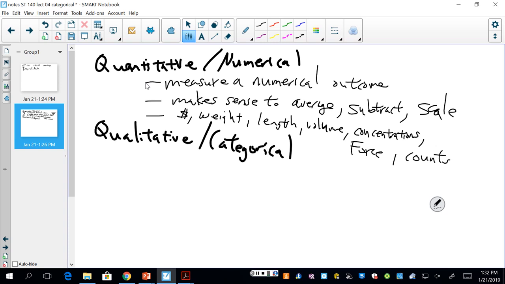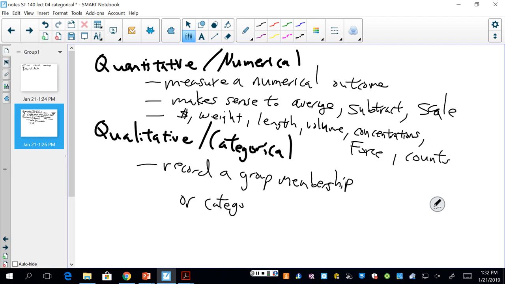The qualitative or categorical ones, in contrast, record a group membership, or a category, or some type of level that's not necessarily strictly numerical. You go to the doctor's office, they have a picture about pain scores.